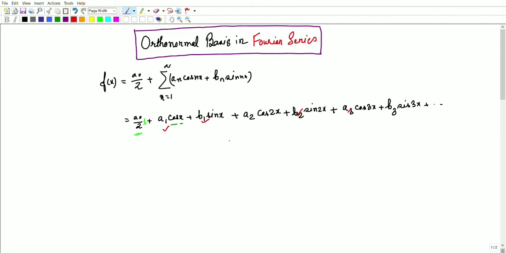For that, we use the orthogonality of these functions, and we can find the Fourier coefficients through the process of multiplying on both sides and then integrating. You can see that in the second video of this video series, where we obtain the Fourier coefficients using this property of orthogonality and orthonormality.